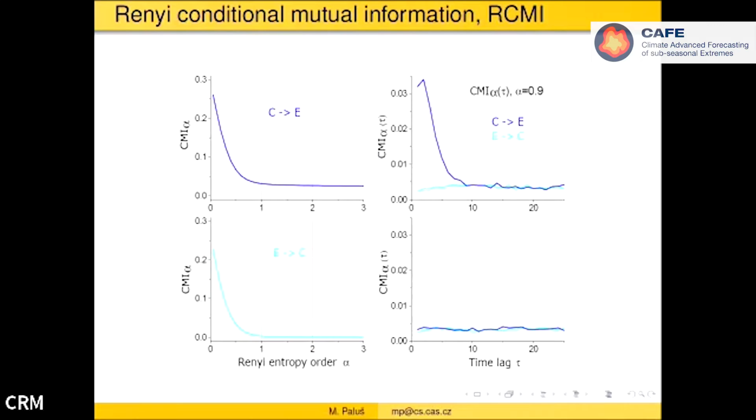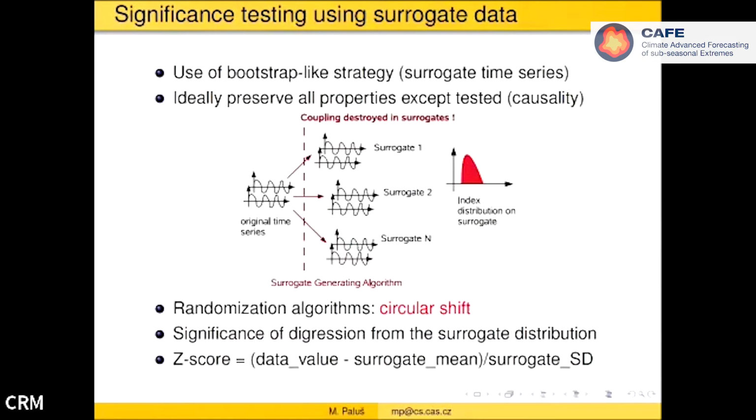We will use this knowledge in the construction of so-called surrogate data. In our statistical evaluation, we will use a tool of computational statistics called surrogate data. We compute something, in our case CMI, from the pairs of data, and then we do some kind of randomization of our data sets.